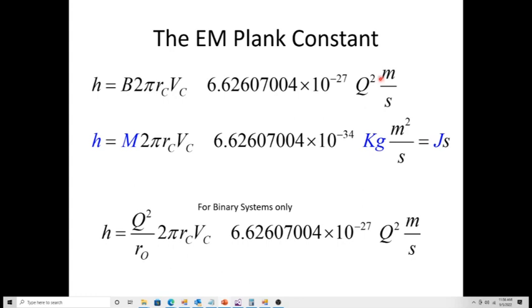Now if you want to put it into legacy units, you have to multiply this by km, and you get the legacy units over here. For binary systems only, we can replace B with the binary definition of inertia, and we're going to use this quite effectively.